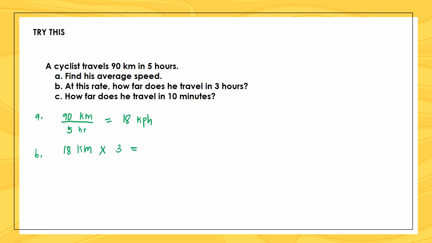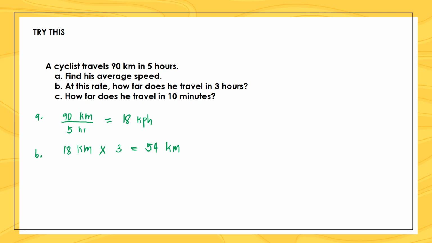So final answer, 18 times 3, inputting this in your calculator, you will have 54. 54 what? 54 kilometers. So that's really far, no? Okay. Is there anyone among you who is good at biking, right?